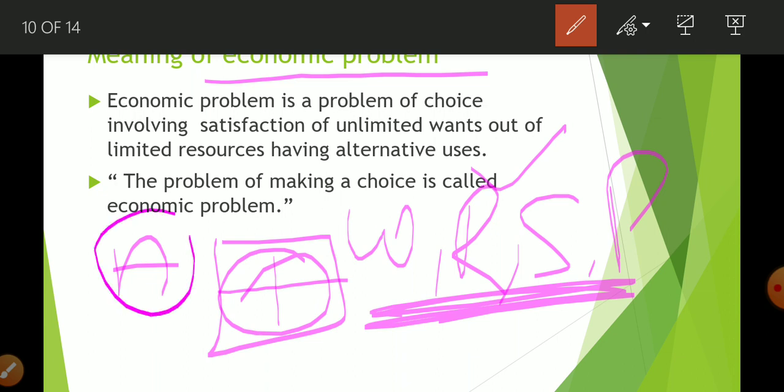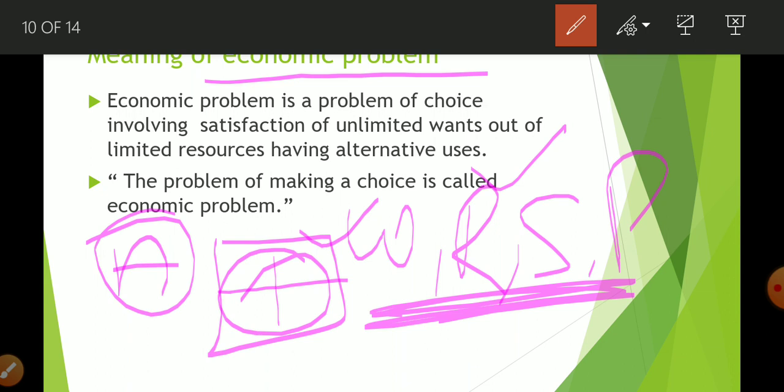Suppose A can use this land for construction of a school, a hospital, or a building. So which use he is going to make, this is known as an economic problem. The economic problem is generated because our resources are limited, our resources are scarce, and they can be put into alternative uses.